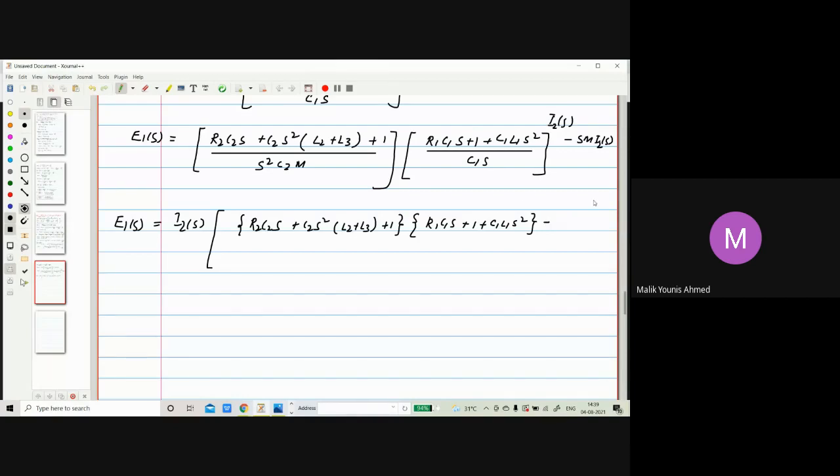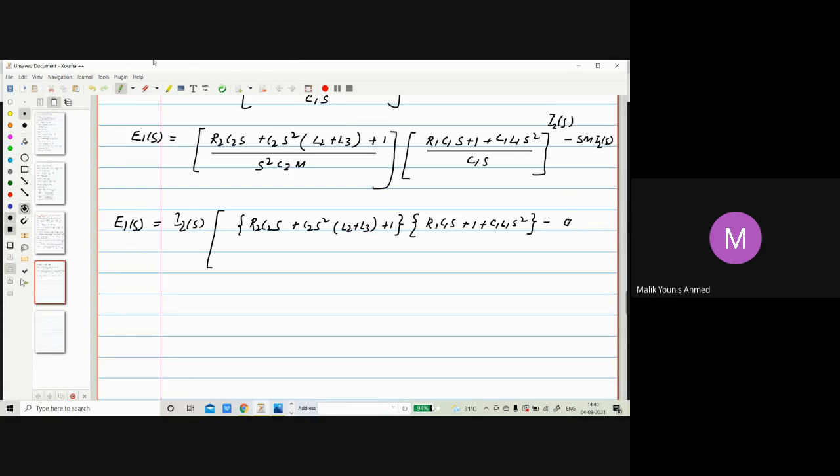Now what's the LCM here? LCM here will be the multiplication of 2 C1 C2 s cube and M. So here, in this case we have nothing, we have to multiply each and everything. C1 C2 M square s.